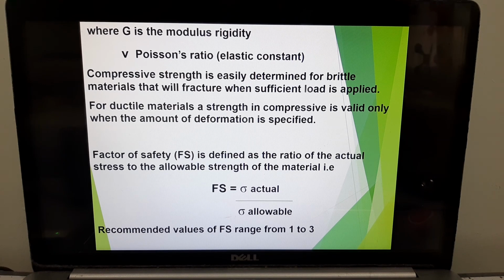If you calculate the factor of safety based on the actual stress over the allowable stress and the value exceeds 3 or is below 1, we consider the material not safe for production. So you need to stop and re-look at the material selection, because that deems that the material is not suitable for this particular application.